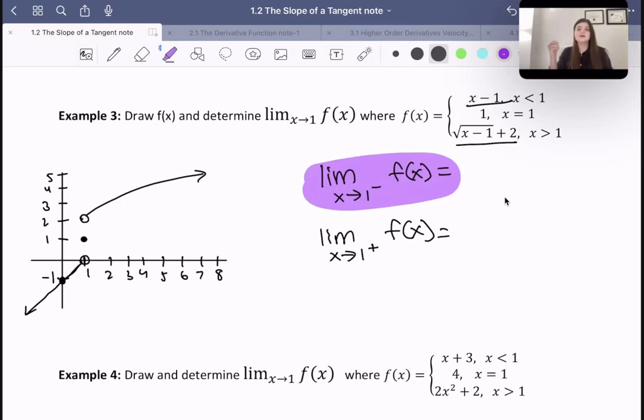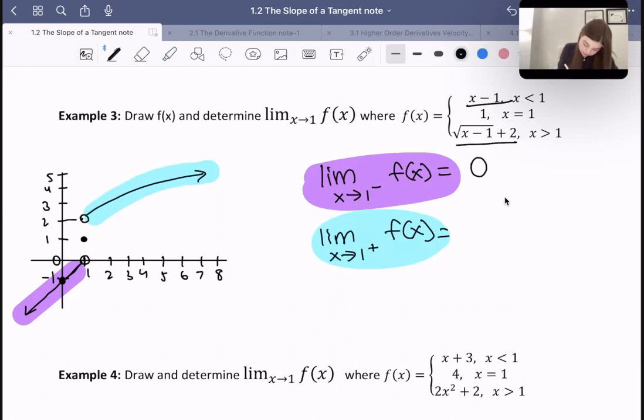So limit from the left to the right. This one is 0, right? 0. And then the limit from the right to the left. Let's see, 2, right? 2.